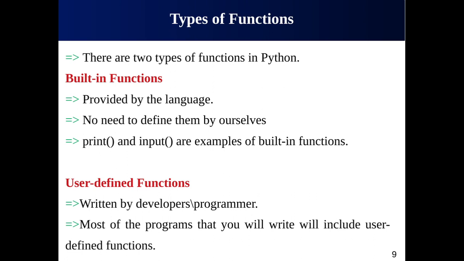All these were built-in functions because they are provided by the language itself. And you are quite familiar with the print function and the input function. They are also examples of built-in functions. We did not need to define them. You just call them, and the interpreter knows where the definition lies.